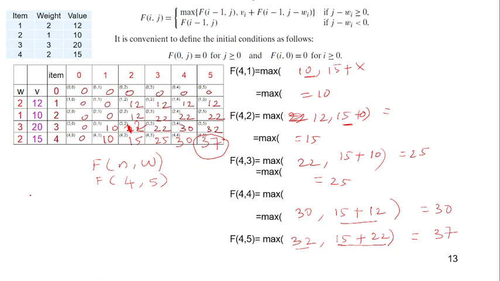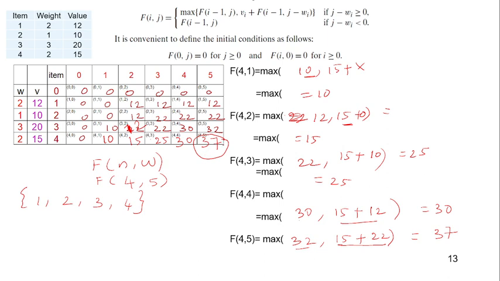Okay, how do we find the subset now? We have found this one. So how do we find the subset 1, 2, 3, 4? By using the backtracking technique, we are going to find which items should be included in the subset or not. So here 37, this is the maximum value we can have in the knapsack by putting some items.